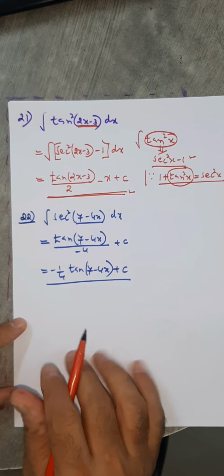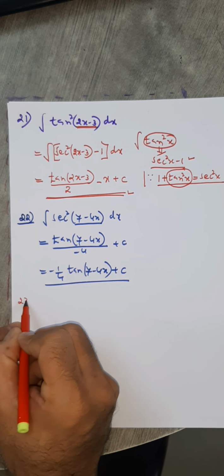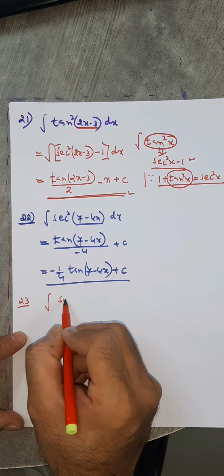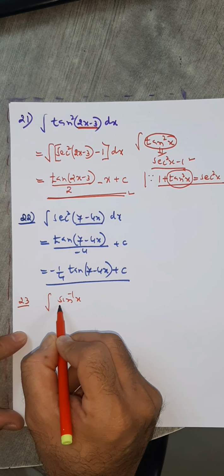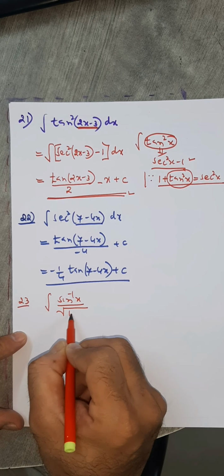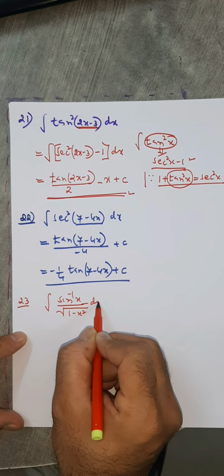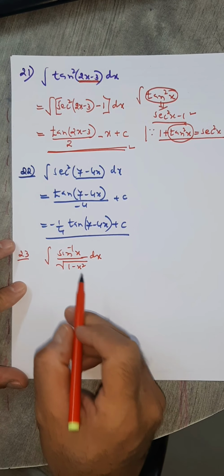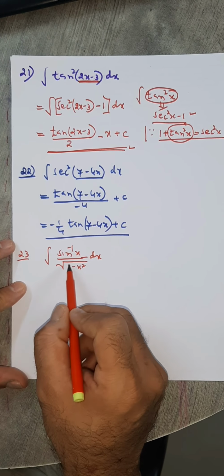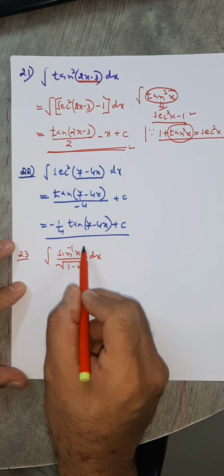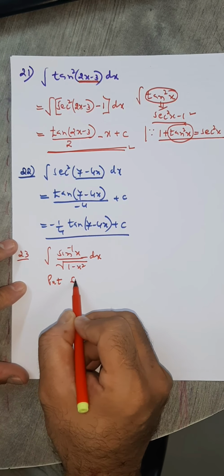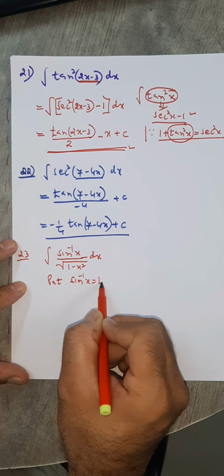Next question, 23. Question number 23 here. Integral of sine inverse x upon root of 1 minus x squared. You must have realized by writing the question itself that 1 upon root of 1 minus x squared is the derivative of this. So you can take sine inverse x equals t.